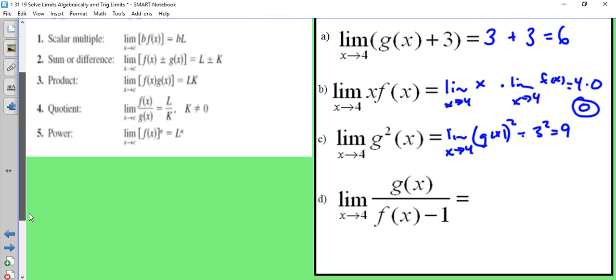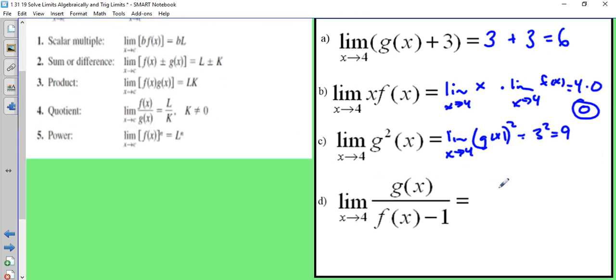Moving on, what do we have here? This one has a bunch of different properties. We take the limit as x approaches 4 of g of x over the limit as x approaches 4 of f of x minus the limit as x approaches 4 of 1. We just find each one of these limits separately.